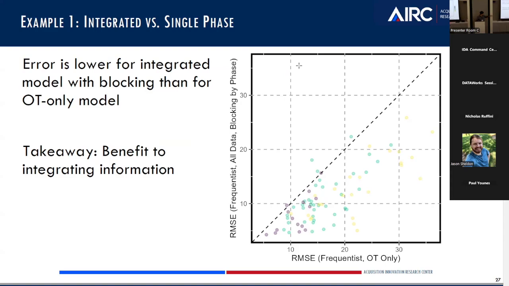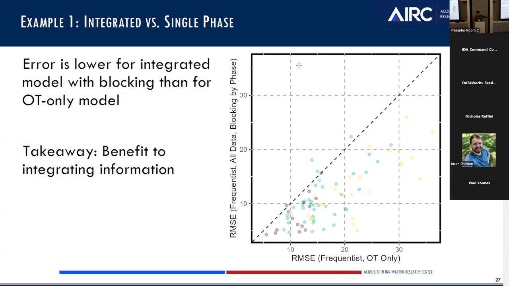I'm going to show a few of these scatter plots. It's maybe worth lingering on this one for a moment just to make sure that we understand it. In each case, I'll have a method on the x-axis and a method on the y-axis, and it'll be a scatter plot of this root mean squared error metric. Here, on the x-axis, I have the frequentist approach using only OT data.